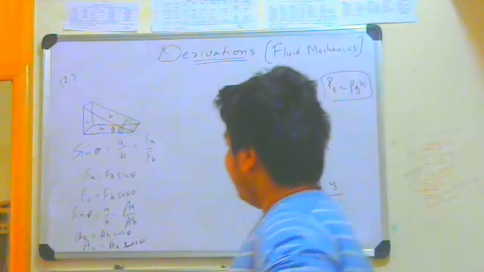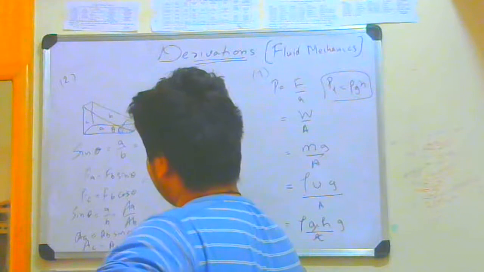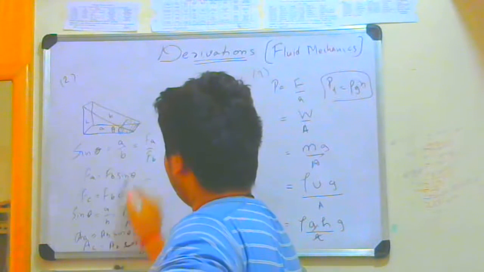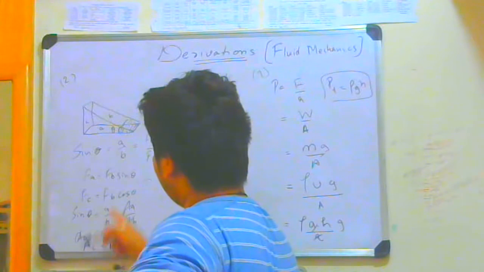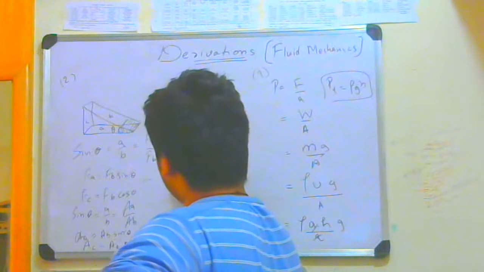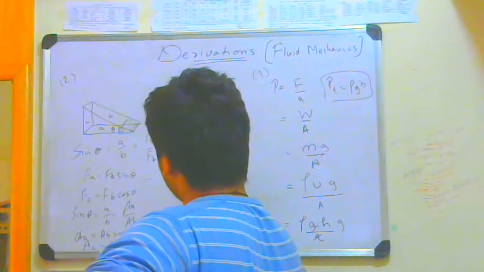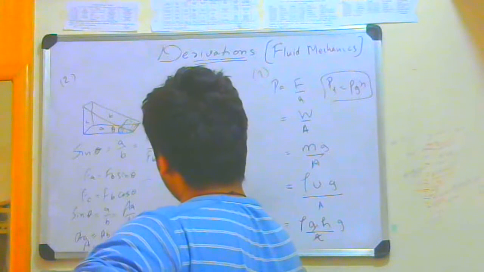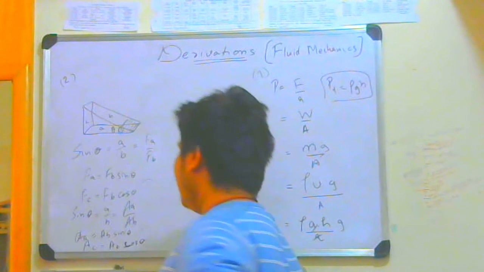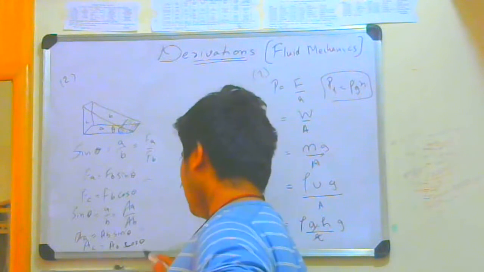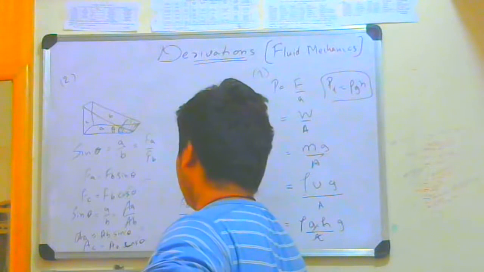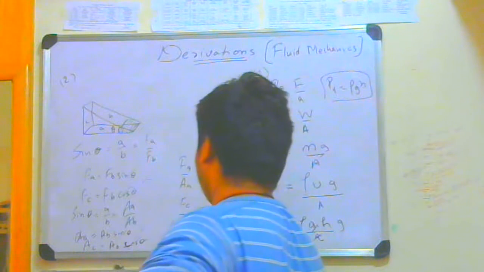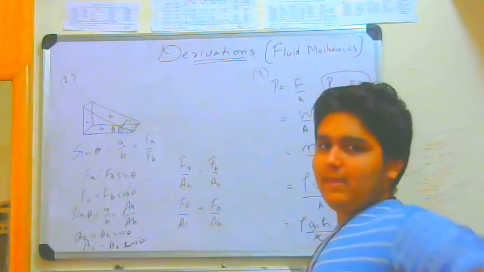Okay, now divide FA by A, तो FA by A में ये sin theta cancel हो जाएगा, so FA by A equals FB by AB. Similarly FC by AC को आप divide करो, so cos theta gets cancelled, FC by AC equals FB by AB.